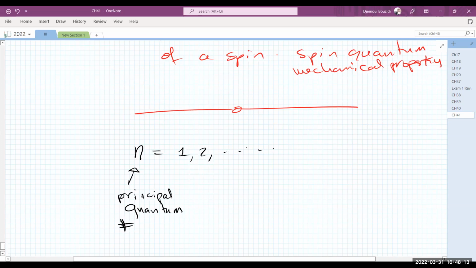This is the hydrogen atom; we're still dealing with the hydrogen atom. L, the orbital angular momentum quantum number, goes from 0, 1, all the way to n minus 1. So there is a cap on it, and it's coming from there.